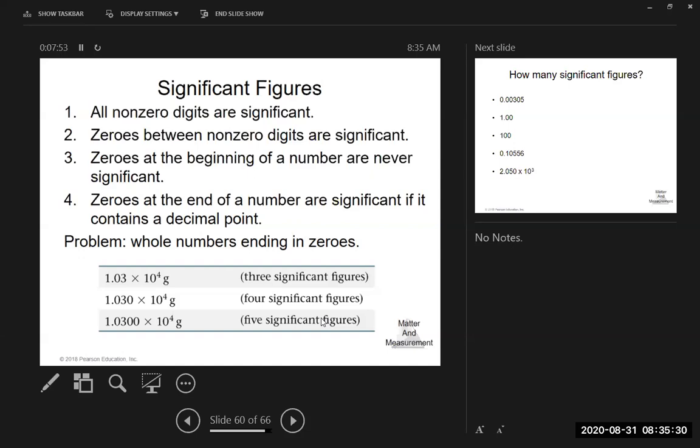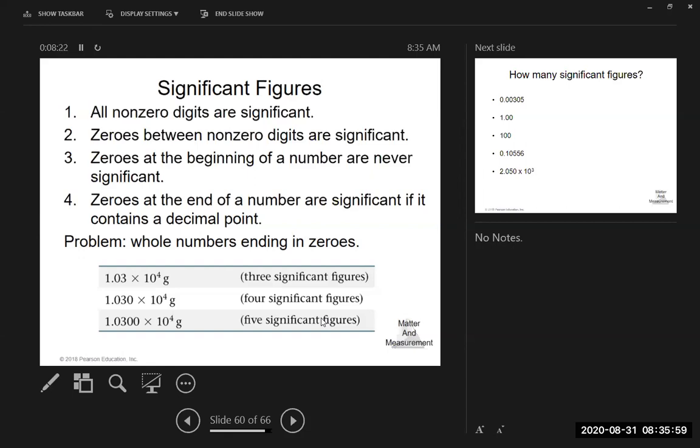And remember, we talked about scientific notation and one reason why you would use that. This is a good example of it. In fact, both of these last 2 are good examples of where we want to make sure that we show that those zeros at the end are significant. And an easy way to do that is by using scientific notation. So then the last one, 1.0300 times 10 to the 4th grams, we say that has 5 significant figures.